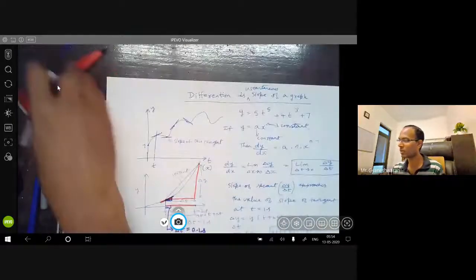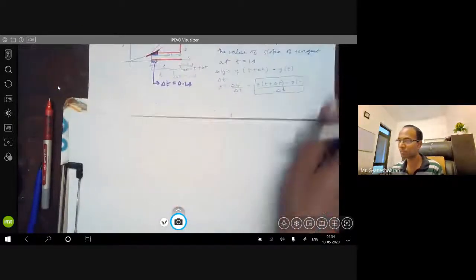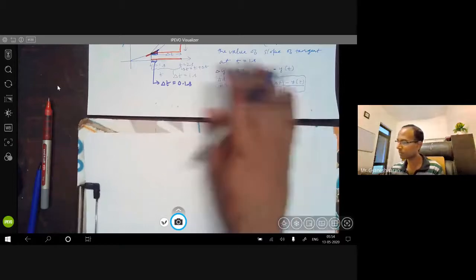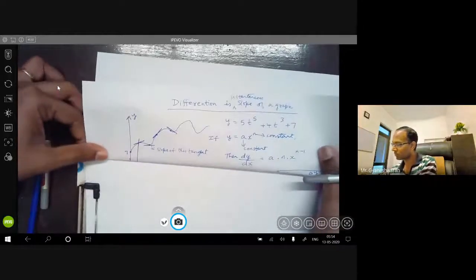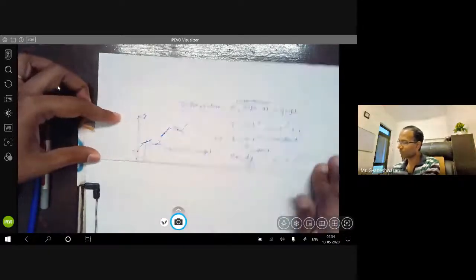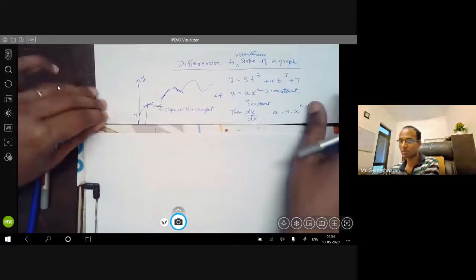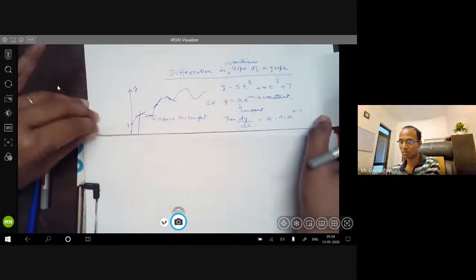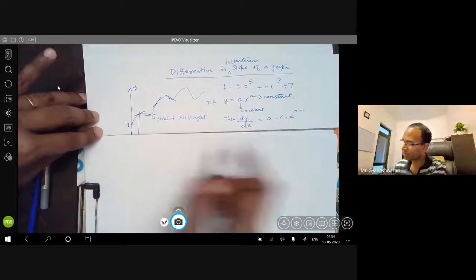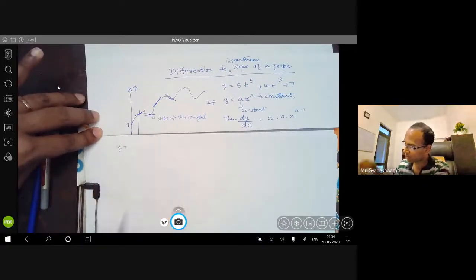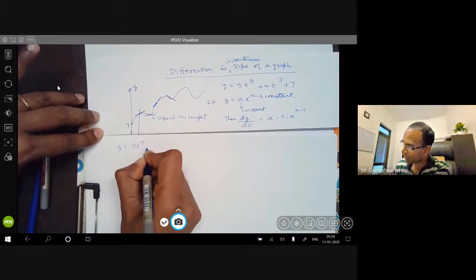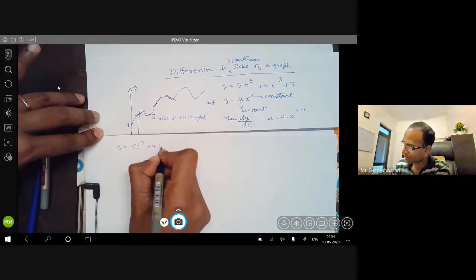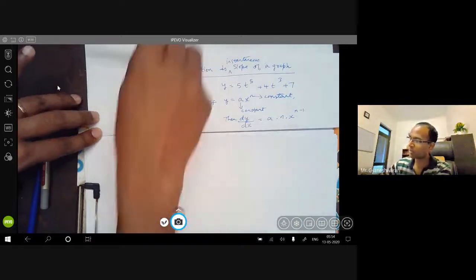Okay, so for example, let's calculate the theoretical value first. We are taking the function as y is equal to 5 t to the power 5 plus 4 t cube plus 7.